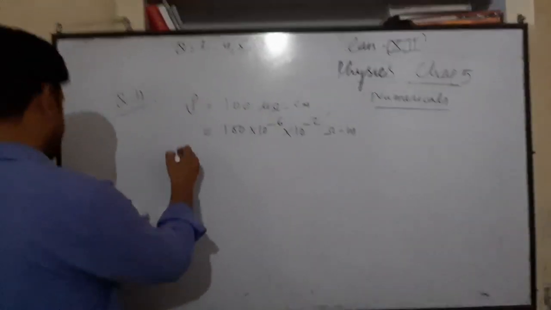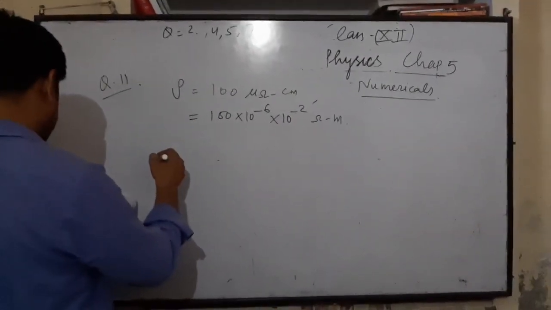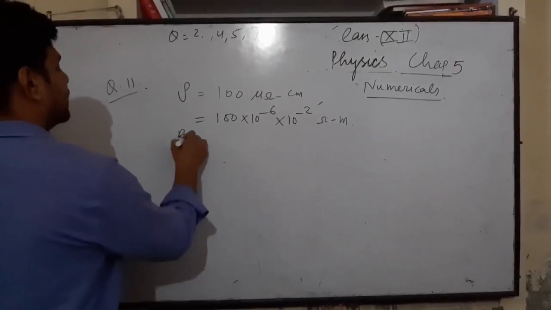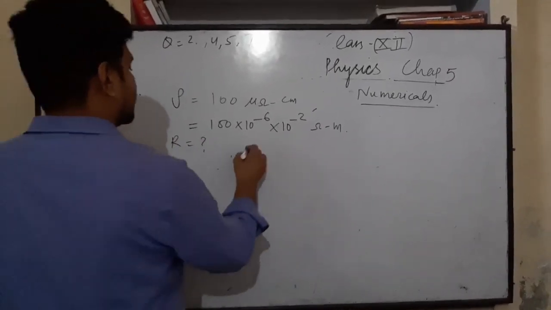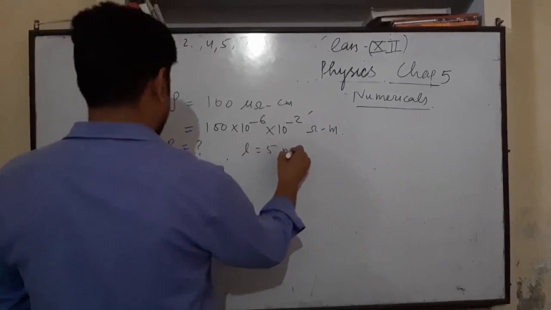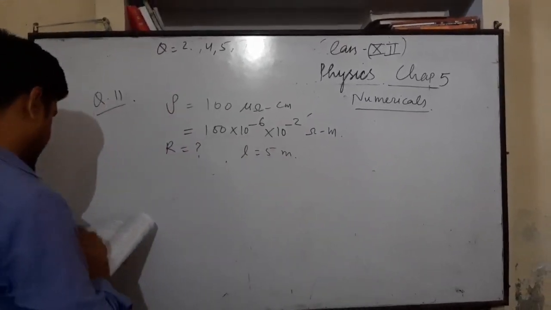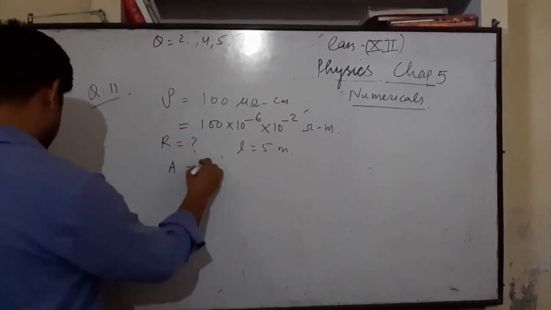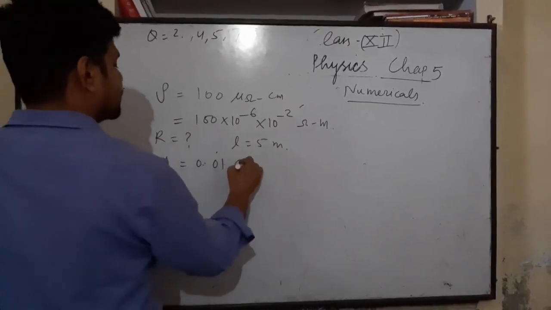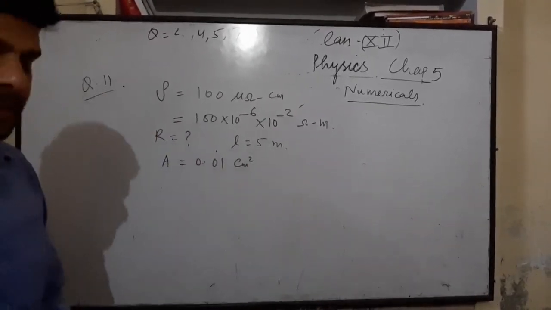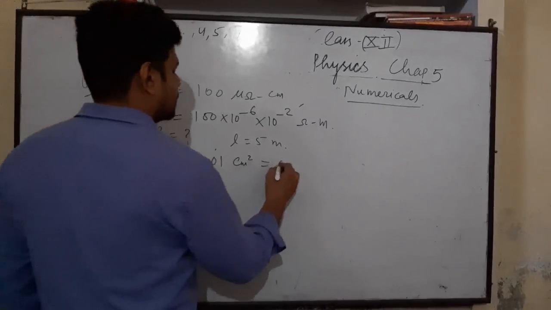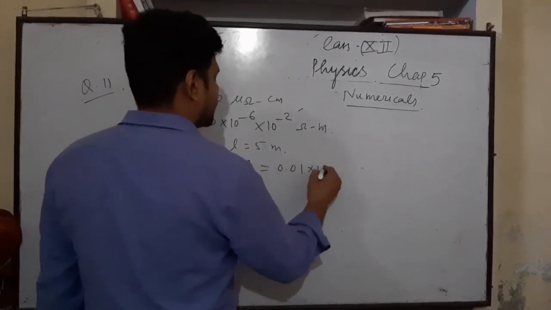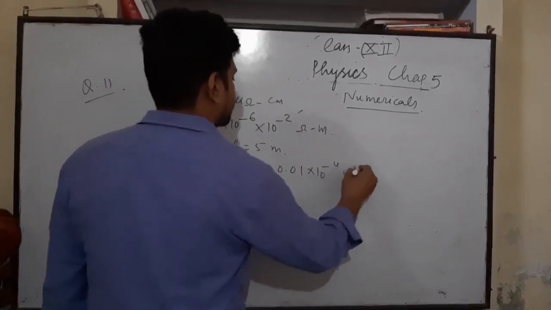Resistance of nichrome wire of 5 meter length. We have to find resistance of nichrome wire 5 meter in length, and area of cross section is equal to 0.01 centimeter square, which is 0.01 into 10 to the power minus 4 meter square.